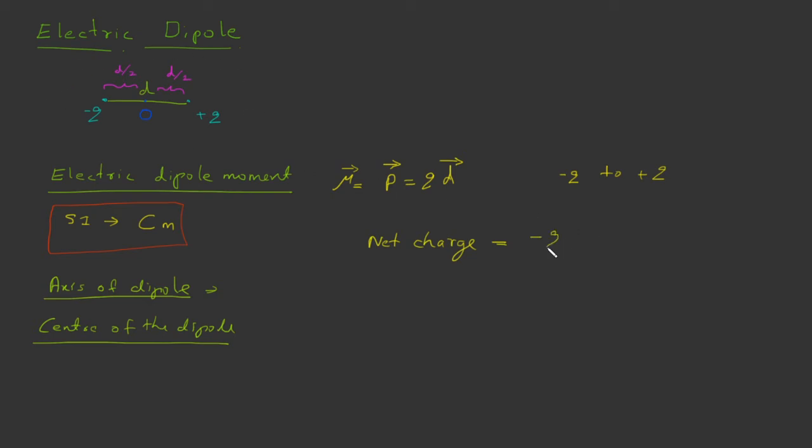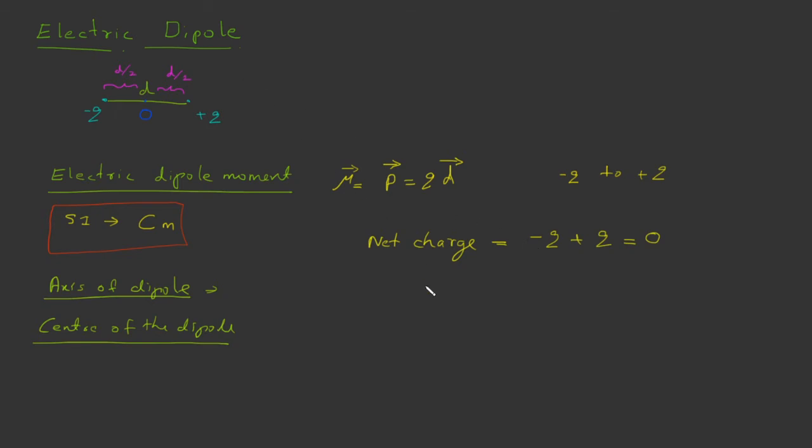One is minus q and the other is plus q. They are equal but opposite. So the net charge is always 0. For an electric dipole, net charge is equal to 0.